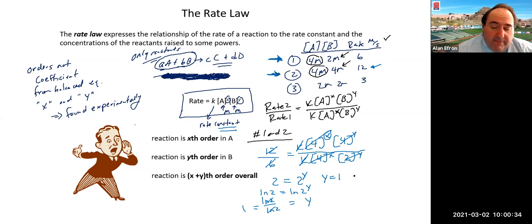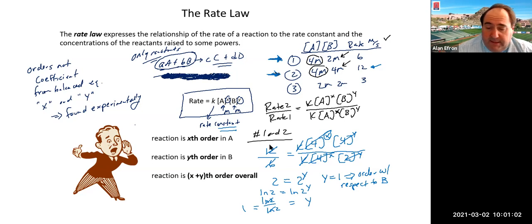So what does that Y represent? Well, that Y represents the order with respect to B. Once you've done that, the next thing you would want to do is go back to your table. Since we kept A constant, we now want to keep B constant and do the same type of calculation.